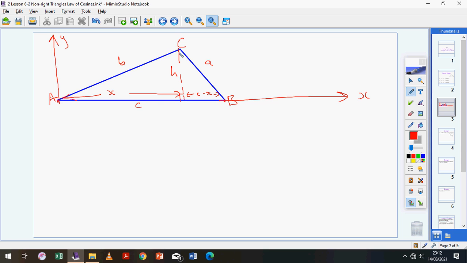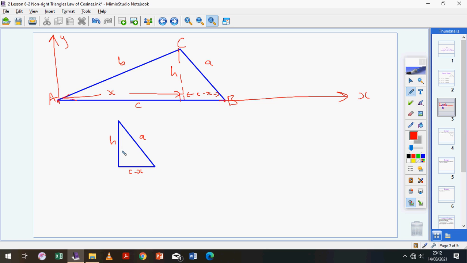So I'm pulling out a small triangle like that, in which this is C minus x, this is the height of the triangle, and this is a. This little triangle is what I'm going to use to figure out my cosine law.